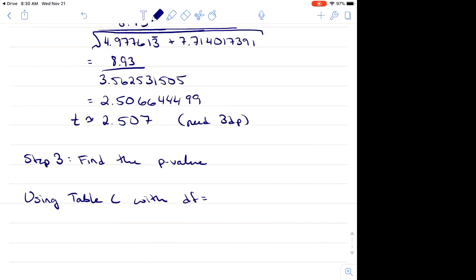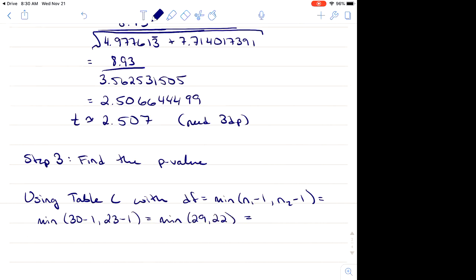That's a really conservative estimate, but that's fine for working it by hand. So degrees of freedom is the minimum of n1 minus 1 or n2 minus 1, which is the minimum of 30 minus 1 or 23 minus 1, which is the minimum of 29 or 22. The minimum of these two is 22.